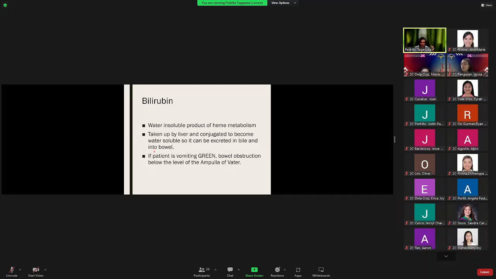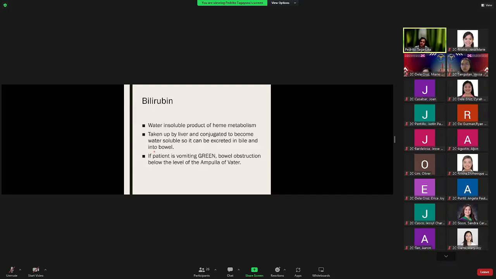So bilirubin is taken up by the liver and conjugated in the hepatocytes and excreted in the bile, inside the gallbladder, going into the ampulla of Vater.